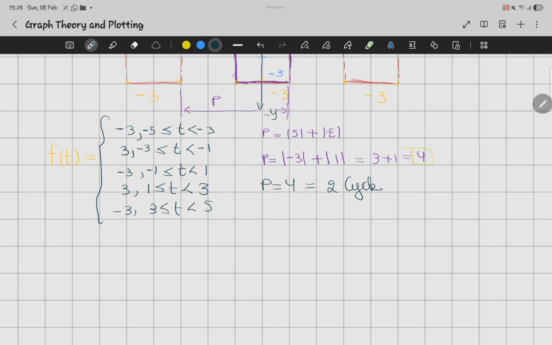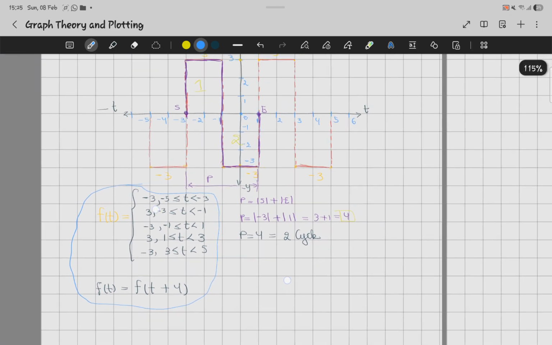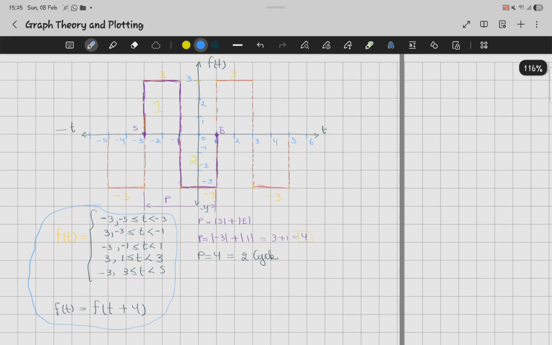Since the period equals 4, we can represent f of t as f of t plus 4, because the period equals 4. This is how we got the answer, piecewise. This is what we did in order to get to this form.